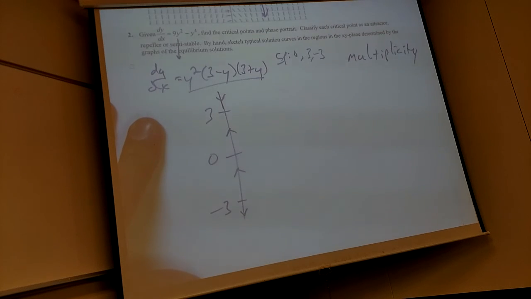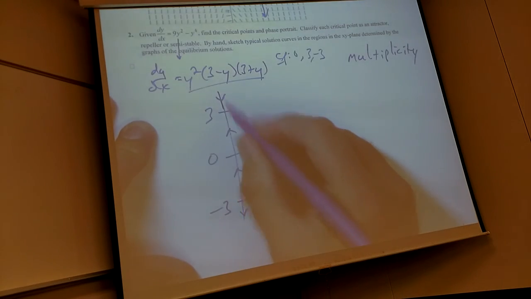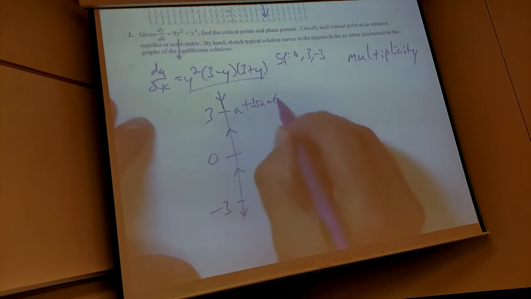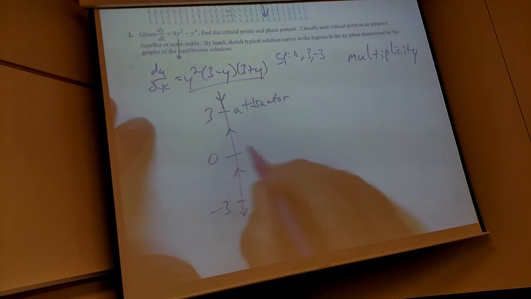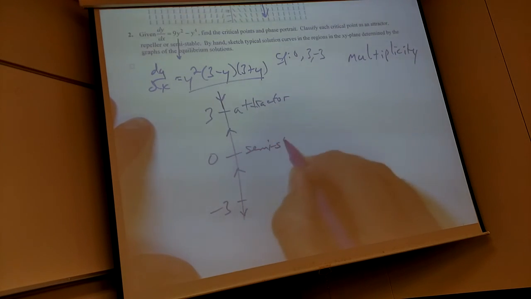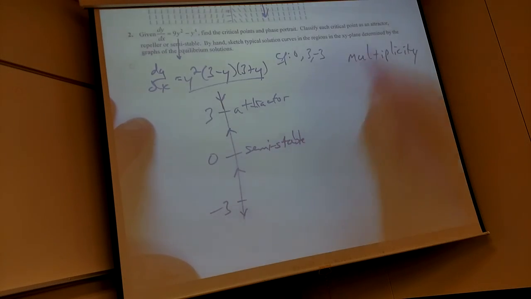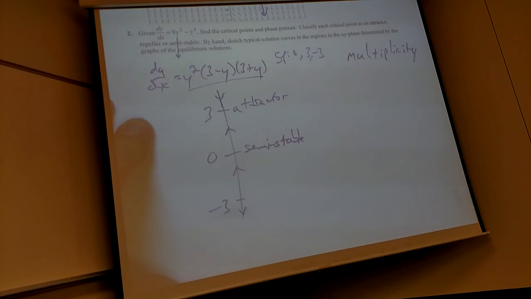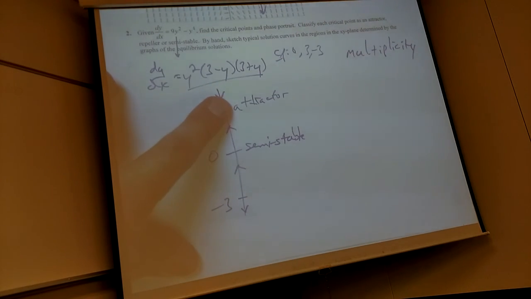Okay. And now, what's this first guy? What kind is it? Classify this first guy here. So if I specifically say, if I say something like discuss the stability at each point, what would the answer to this one be?